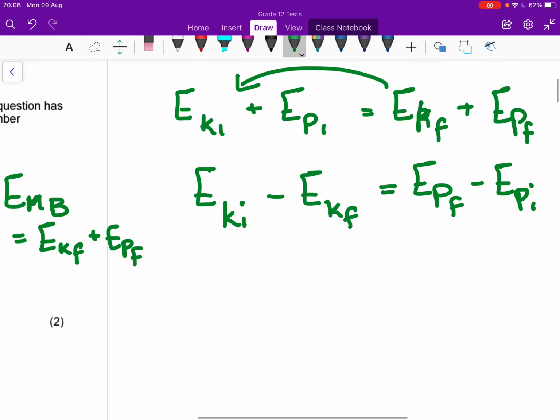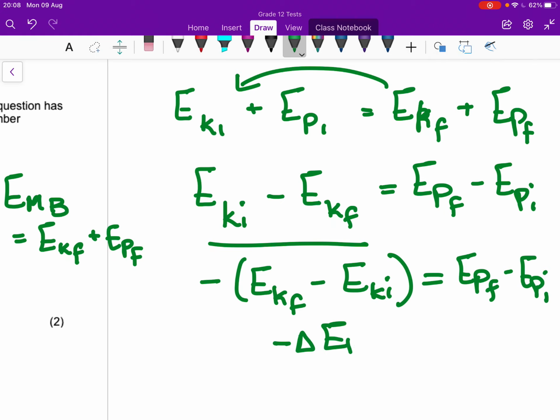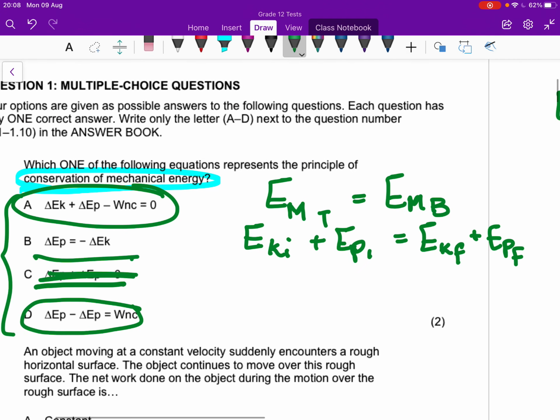This isn't changing EK yet because it's always got to be final minus initial. So if I take the minus out, this becomes negative change in EK is equal to change in EP, which is exactly what that was.